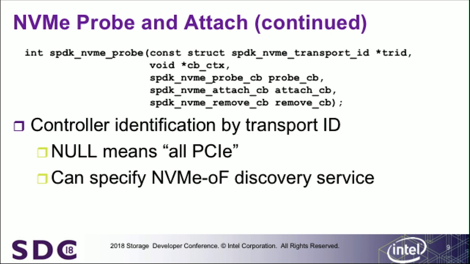So let's say you have a target system that has an NVMe switch in it, so it's got 10, 12, 24 SSDs. You can say, I want to probe and attach to all of them. Or for NVMe over Fabrics, you can specify a discovery service. That gives you the ability to try to attach to any of the controllers that are specified by that discovery service.